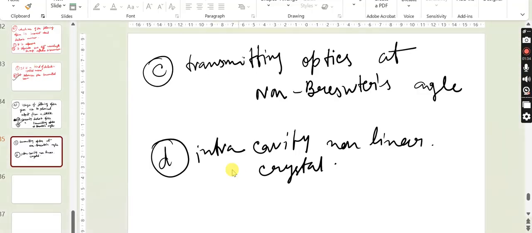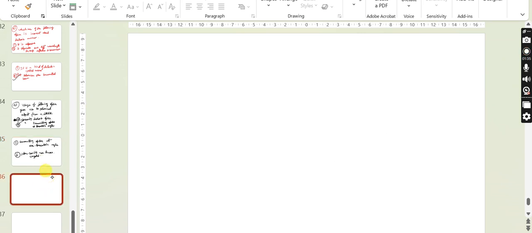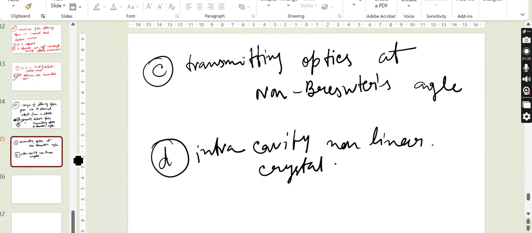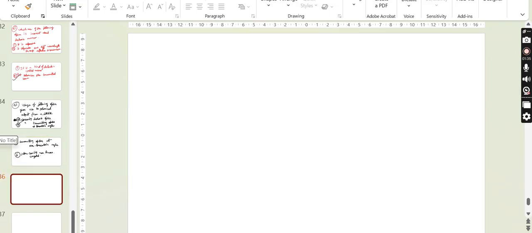So that is not an answer; an intracavity nonlinear crystal alone will not give a polarized output, it needs other things too.